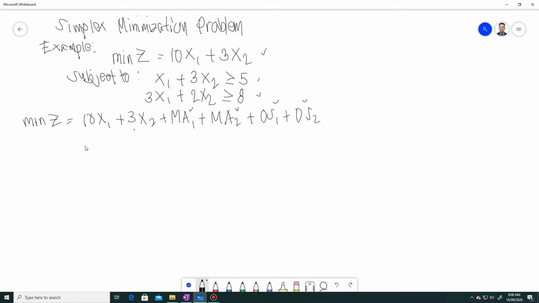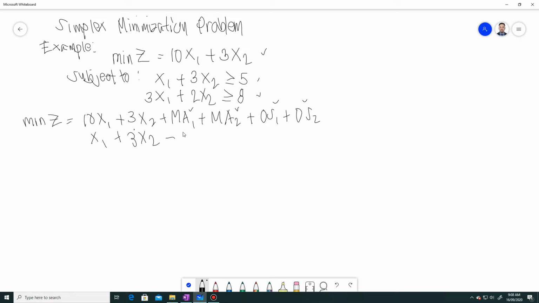For the constraints we have x1 plus 3x2, and then we also include slacks.